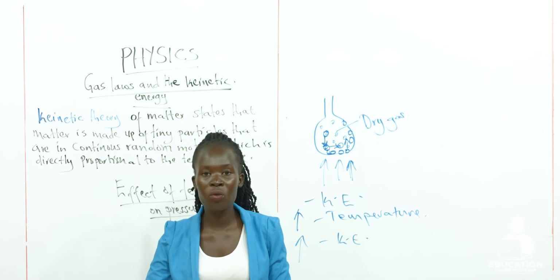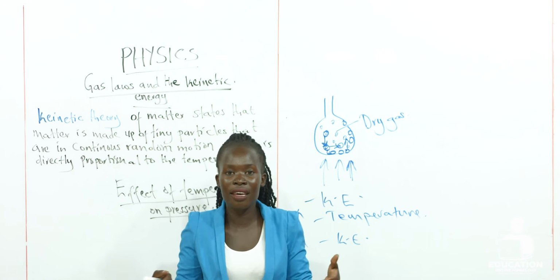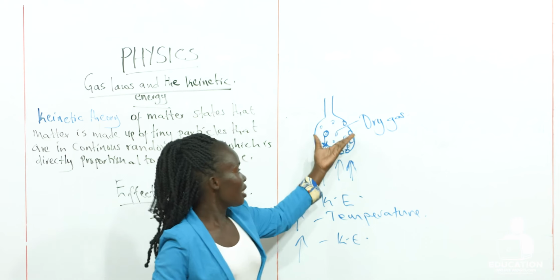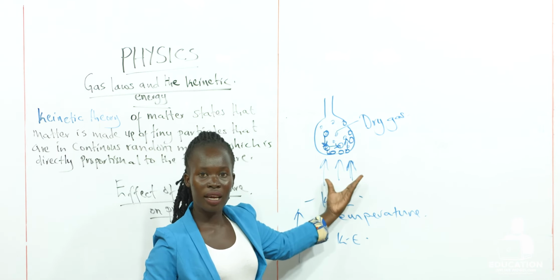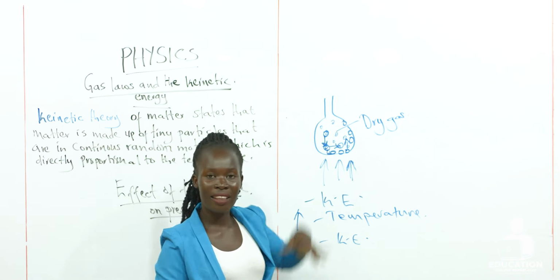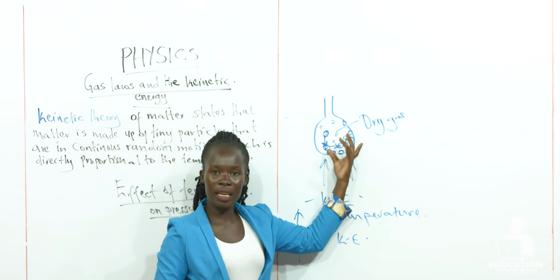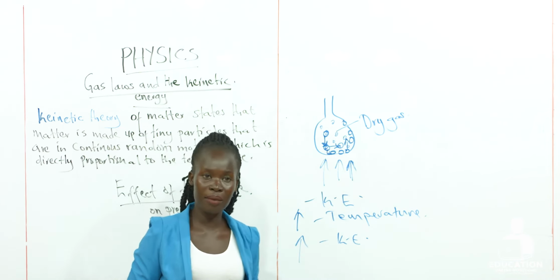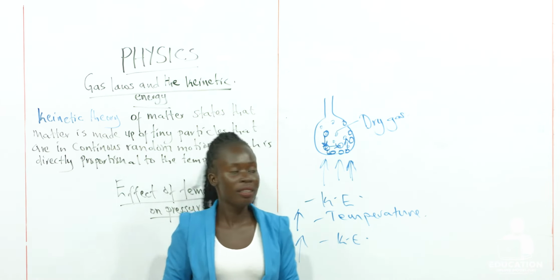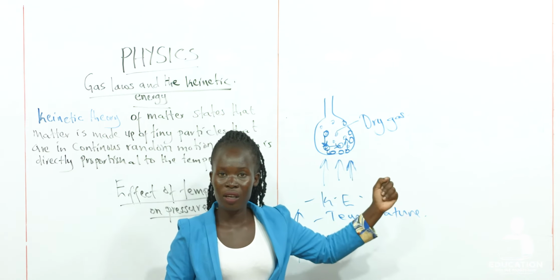And we know that when something expands, it increases in size. So this gas, when it expands due to the increase in temperature, will increase in volume. So when the flask containing the gas is flexible, it will expand so that it can contain the increase in the volume of the gas.